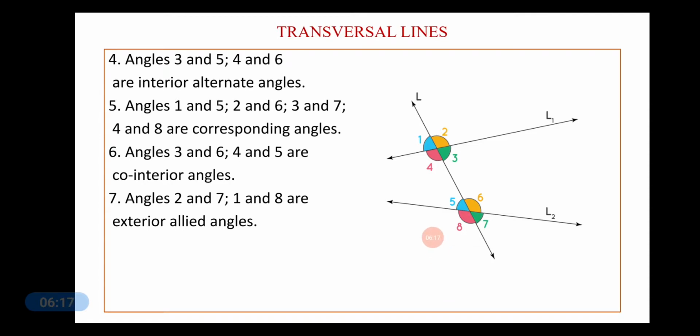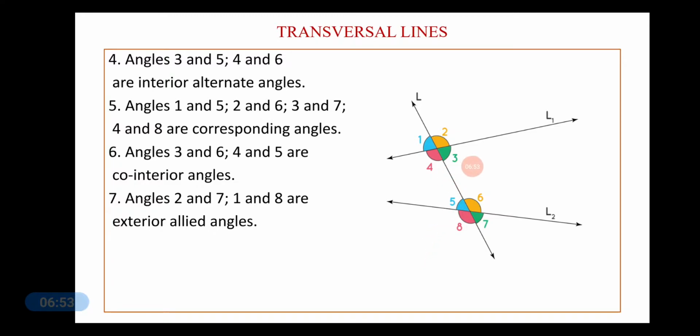Now here what you see is one exterior angle and one interior angle, which are placed in such a way that they are forming on the same side of the transversal. So we call them the corresponding angles. So in this figure, you have got four pairs of corresponding angles. Angles 1 and 5, angles 4 and 8, angles 2 and 6, and angles 3 and 7. So there are four pairs of corresponding angles.